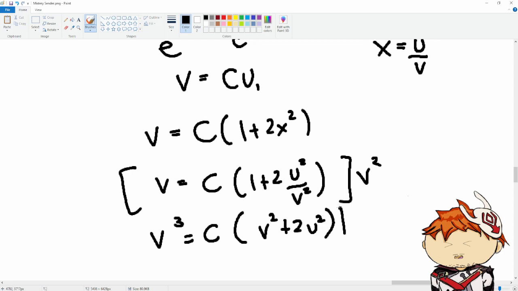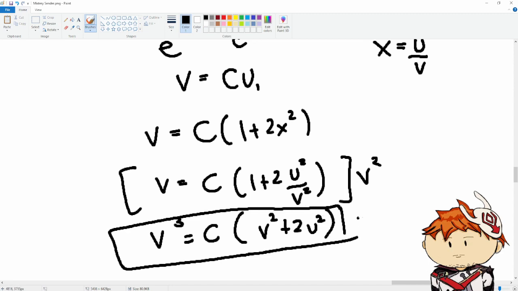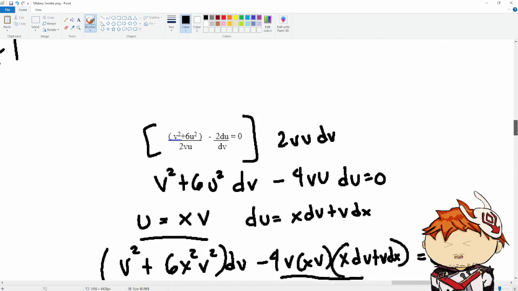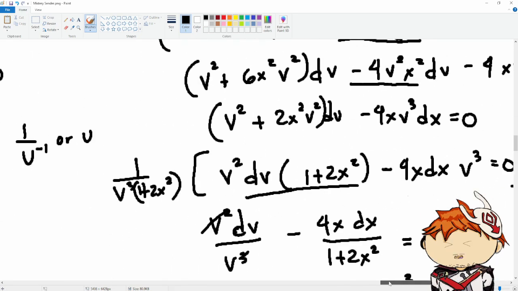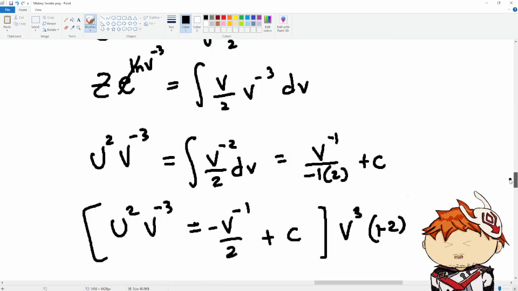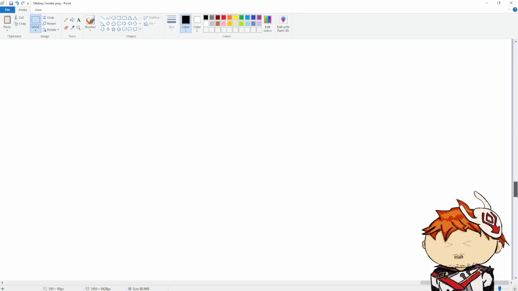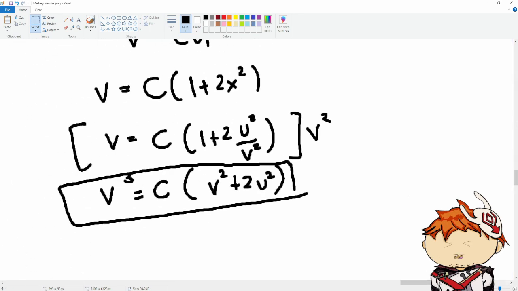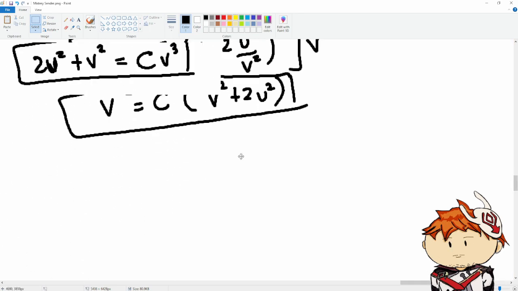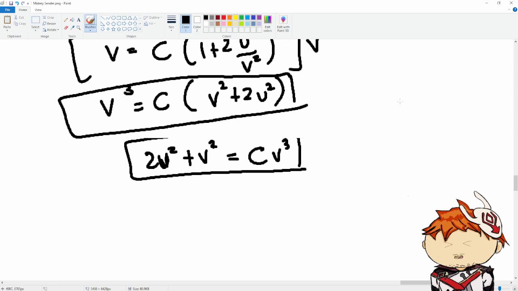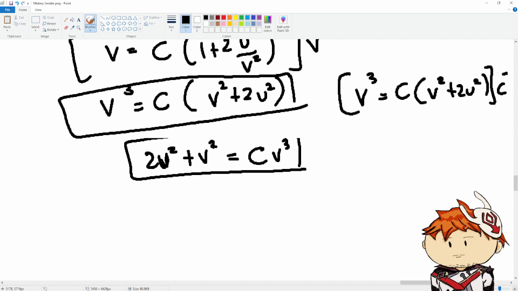is equal to c times (v squared plus 2u squared). Oh, it's kind of the same as our answer from the other method. Okay, this is our answer. There we go, we have almost the same. But sir, it's not the same, c is on the opposite side. So we can simply say v cubed is equal to c times (v squared plus 2u squared), and divide both sides by c.